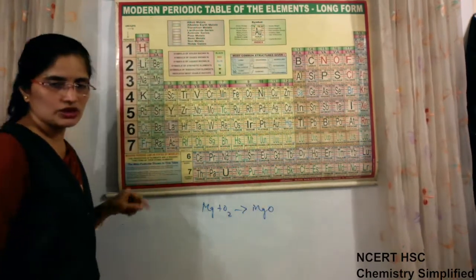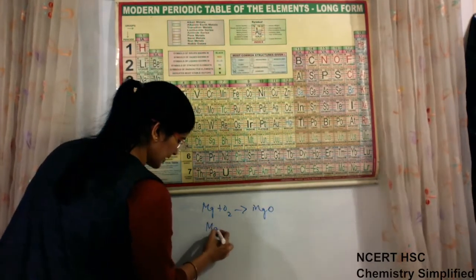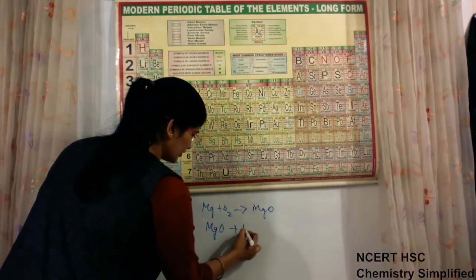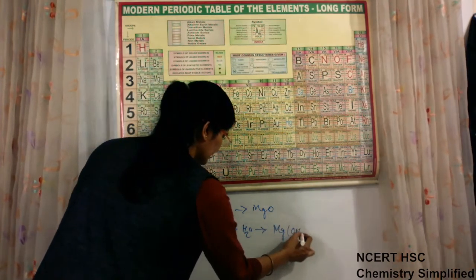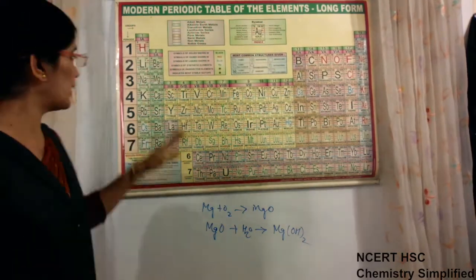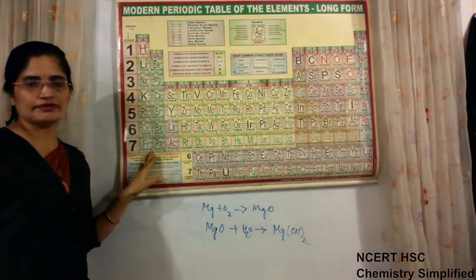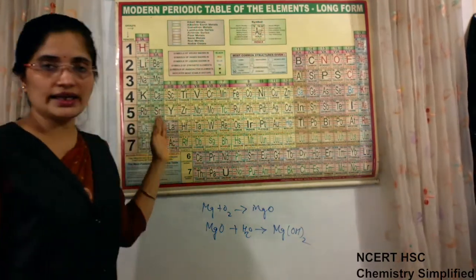This magnesium oxide is a basic oxide. Why? Because when MgO is dissolved in water, it forms magnesium hydroxide, and magnesium hydroxide is a base. So metal oxides of group number 1 and group number 2 are basic in character.